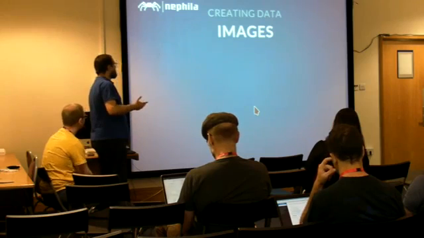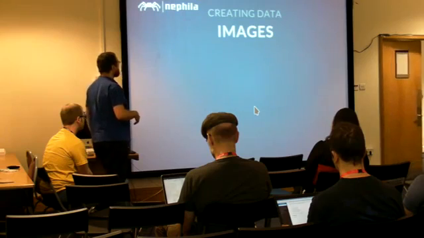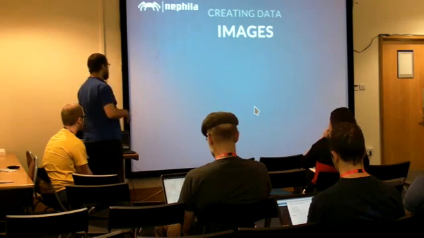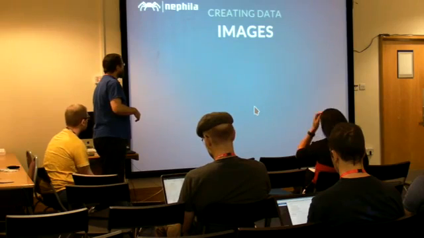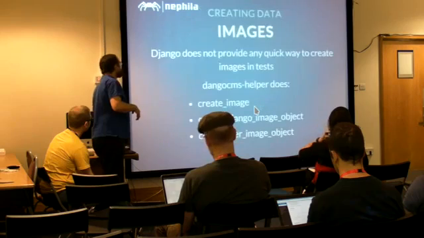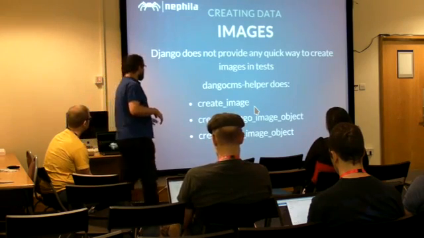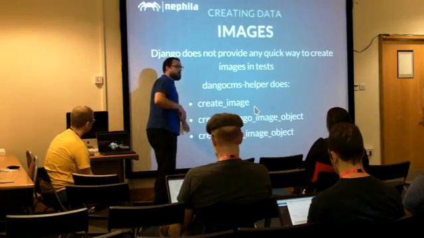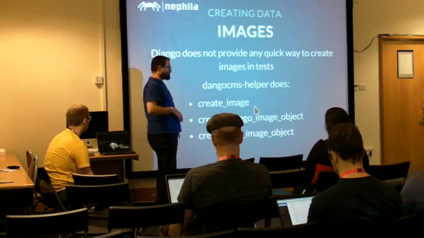And then, sometimes it's useful to have image objects available in your test. Django does not provide anything to create them, but Django CMS helper defines these three methods. These create a normal PIL image object.